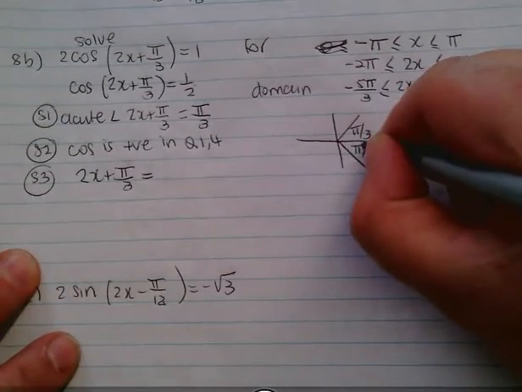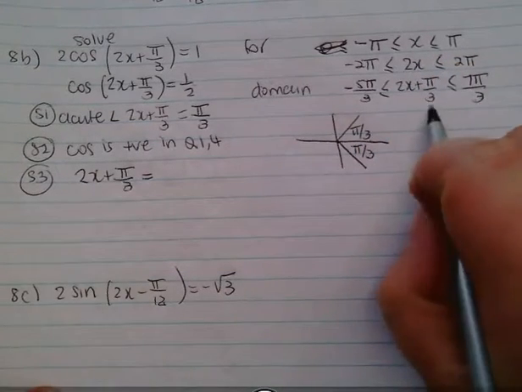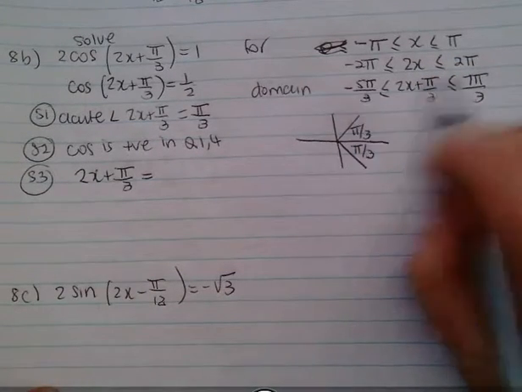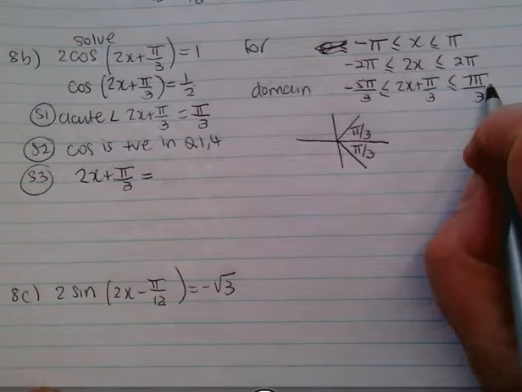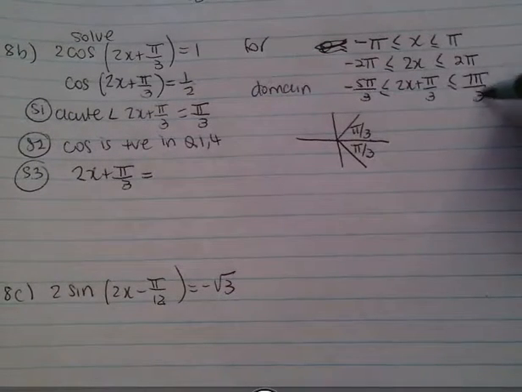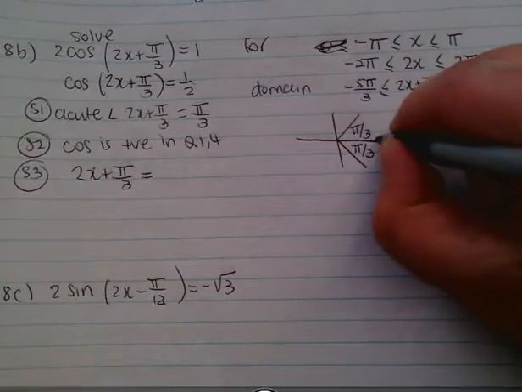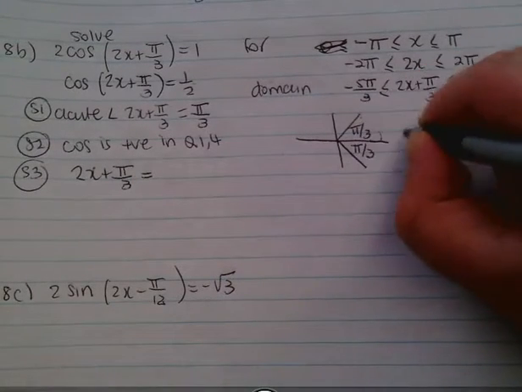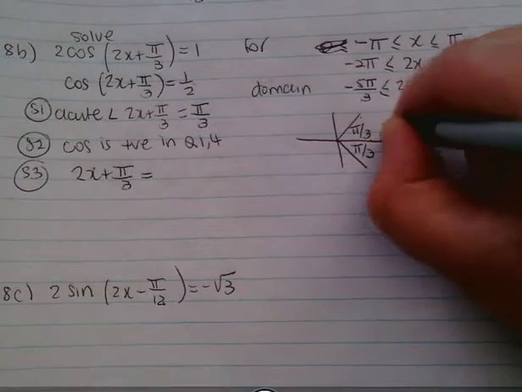Okay, so what we'll do, let's start writing our solutions. So we're going from negative 5 pi on 3 through to 7 pi on 3. Okay, so that is more than twice around. So let's just put our solutions. First, let's do our positive angles first. Okay, so we're going from 0 to 7 pi on 3.